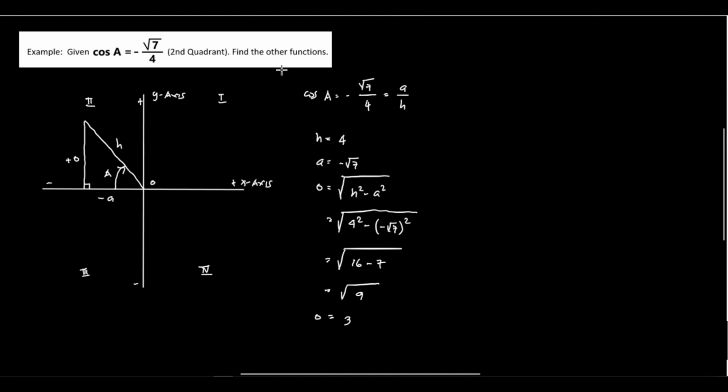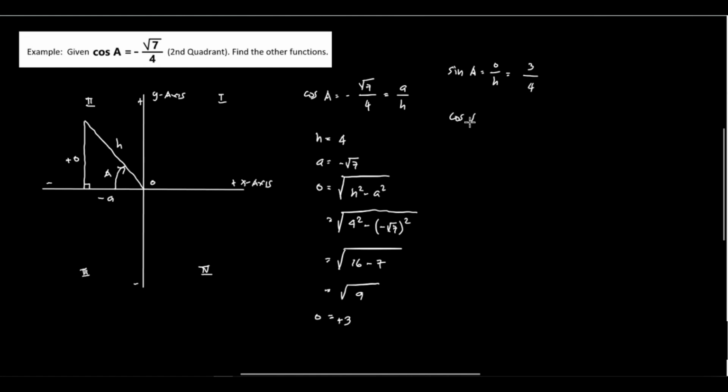And then we will find the remaining trigonometric functions. So that's sine A, opposite over hypotenuse. O is the value 3, and O is positive, so this is positive, divided by the value of h, that's 4.